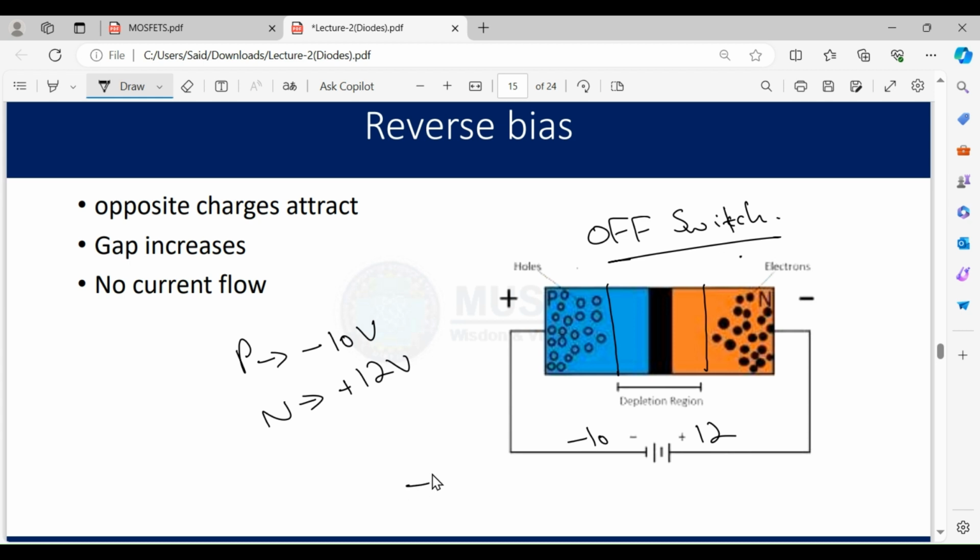In this case we have a difference of voltages that is greater than the 0.7 volts required to overcome this depletion region. So in this case this diode is also in forward bias. But just remember that when we have positive charge on the p-type material and negative charge on the n-side material, then our diode is in forward bias. This is very basic.